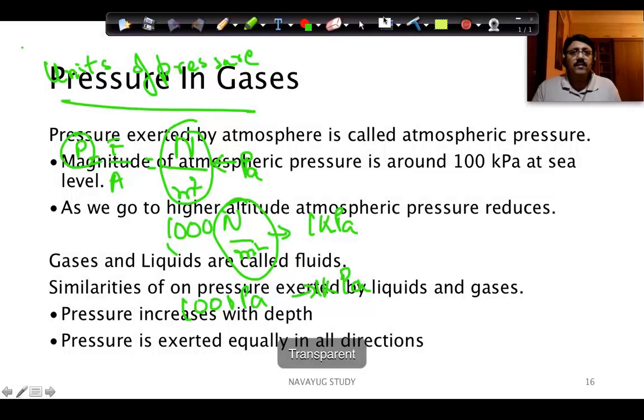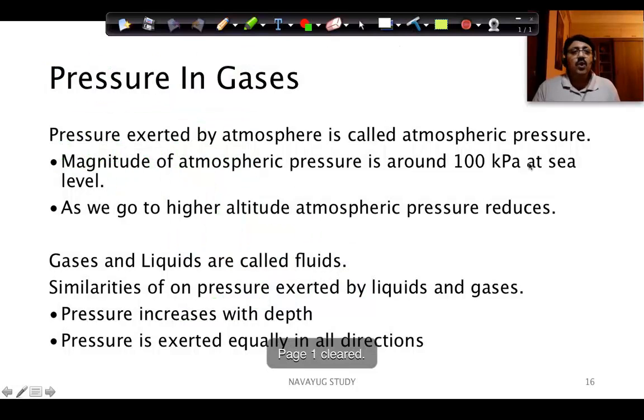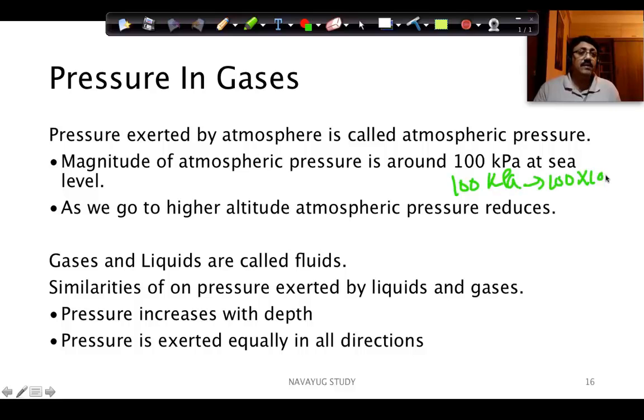All right, clear? Okay, so 100 kilopascal means how many pascal? It is equal to 100 into 1000 pascals, right? Because 1 kilopascal is 1000 pascal. So we are talking about 10 raised to 5 pascal, or 10 raised to 5 Newton per meter square.